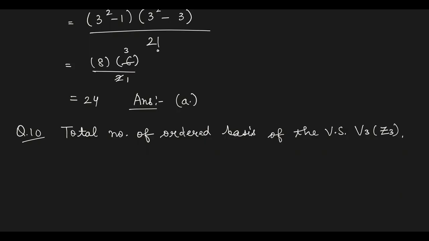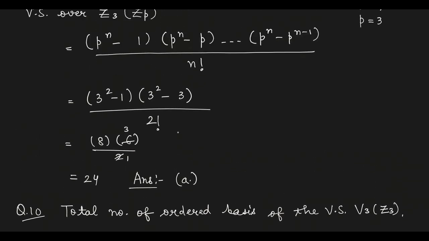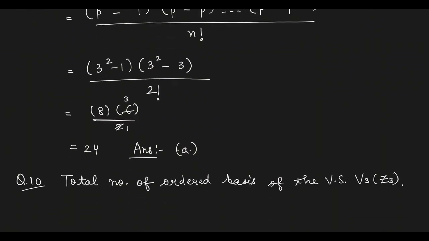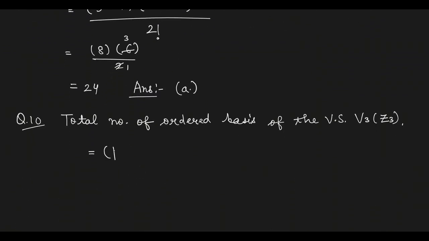Now here the formula will be the same, but this n factorial term will not be there. Means the formula will be (p^n minus 1)(p^n minus p), and so on till p^n minus p^(n minus 1).